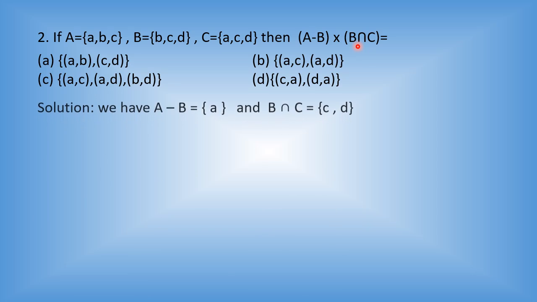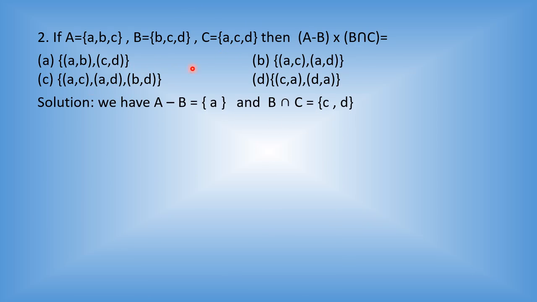Let's check. We have A minus B, the set of all elements of A which are not in B. That is only the element a, because b and c belong to the set B here. Therefore, this has only the element a. Then B intersection C, the elements common to B and C. The elements common to B and C are c and d.